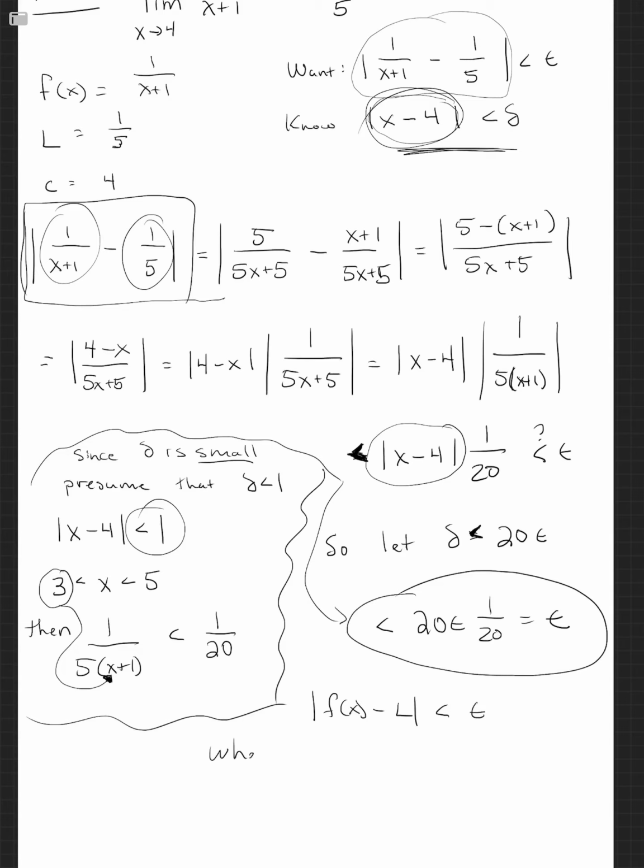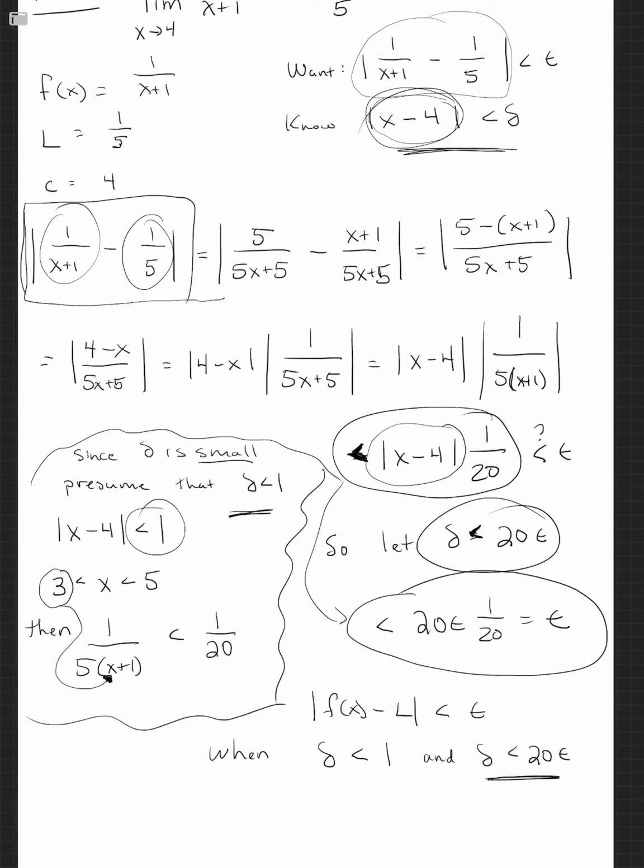Right? So in this case, f of x minus L is less than epsilon when delta is less than 1 and delta is less than 20 times epsilon. So anytime both of those statements are true, for whatever delta we choose, because we get to decide what delta is, they have to give us epsilon, and then we can plug that in and choose delta.